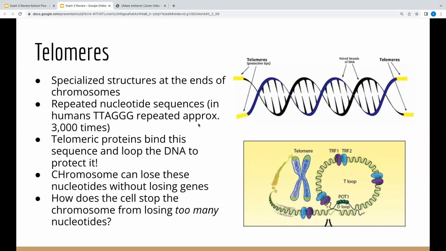They're needed due to the issue of losing a lot of nucleotides, because every time you reach the end of the lagging strand, there's nowhere for the DNA polymerase or the primase to put down some primer.